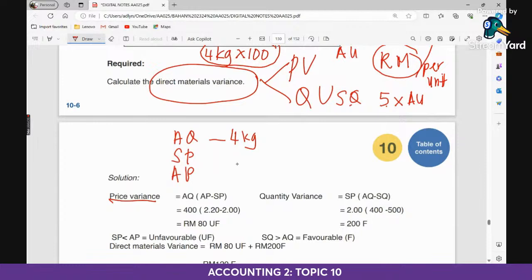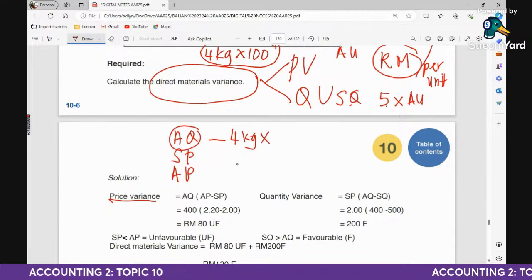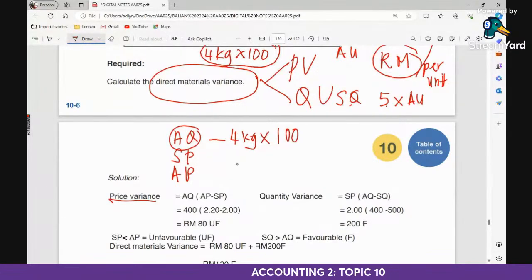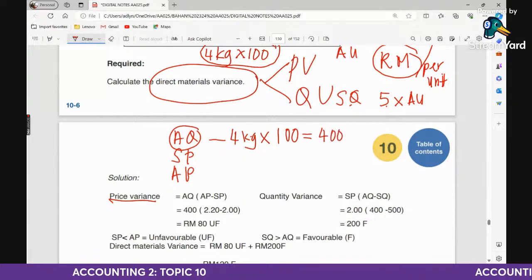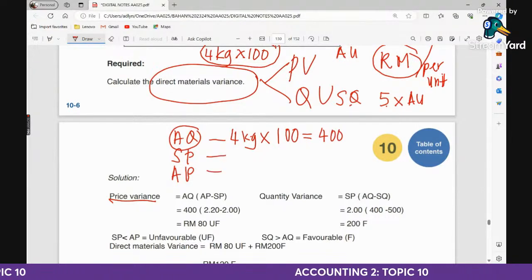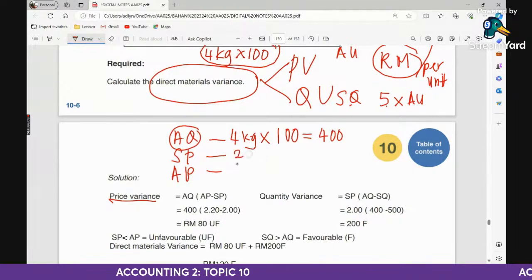So nak dapat AQ, I kena darab dengan actual unit produced. So AQ di sini is actually 400. Tapi SP saya boleh ambil terus dari soalan. So my standard price is RM2, my actual price ialah RM2.20.